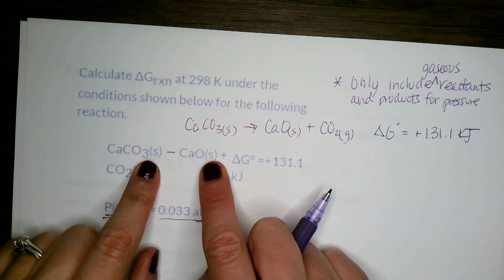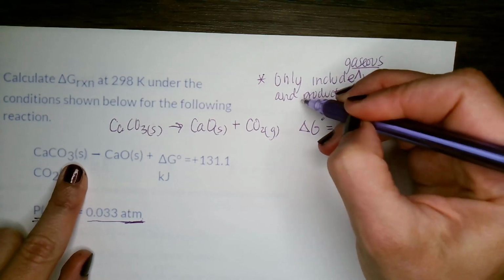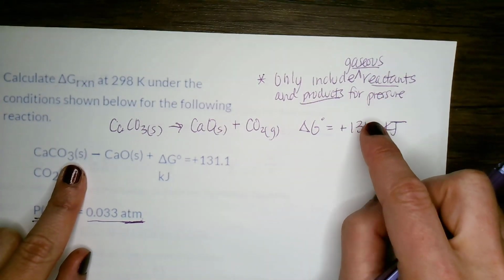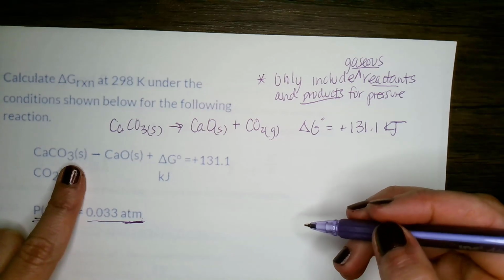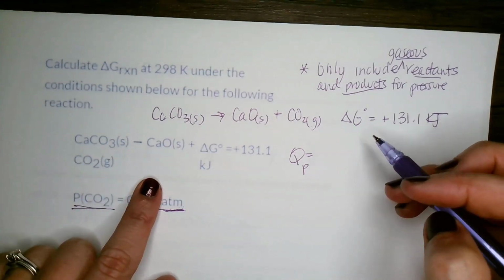There isn't a pressure value given to solid reactants or products. So we only include the gaseous reactants and products for pressure when we're calculating that Q.